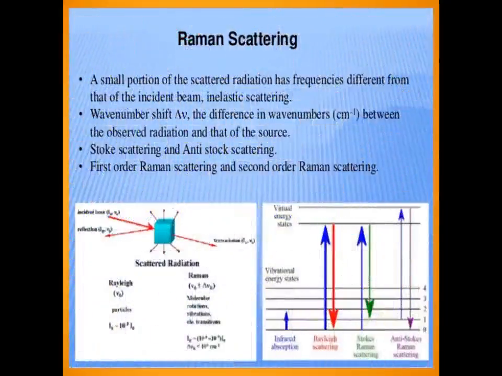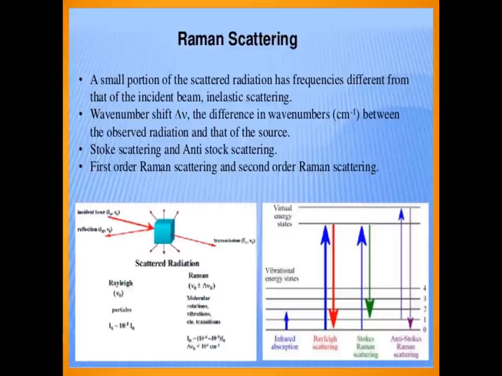Now, Raman scattering. When a parallel beam of monochromatic light passes through a gas, a liquid or a solid, a part of the light rays are scattered. A small portion of the scattered radiation has frequencies different from the incident beam.